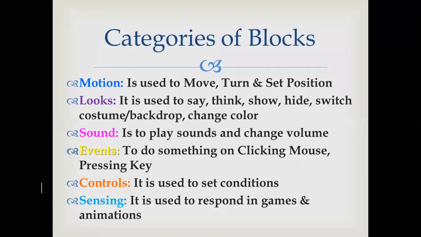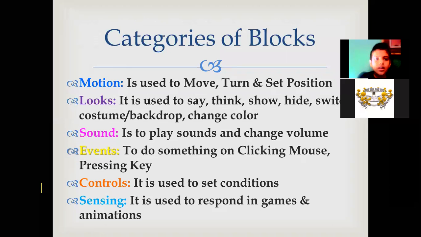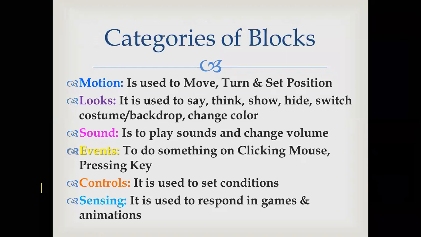Next is controls. Controls means, suppose I want to make some conditions. For example, I want the cat to jump if a girl enters onto the stage. As soon as the girl enters, then only the cat should jump. So it's a condition. According to these conditions, if you want to perform some action, that can be done with the help of controls.